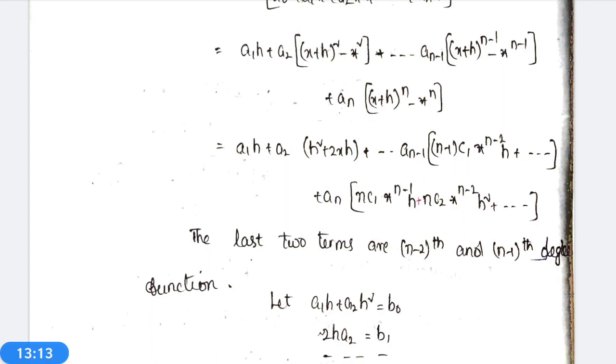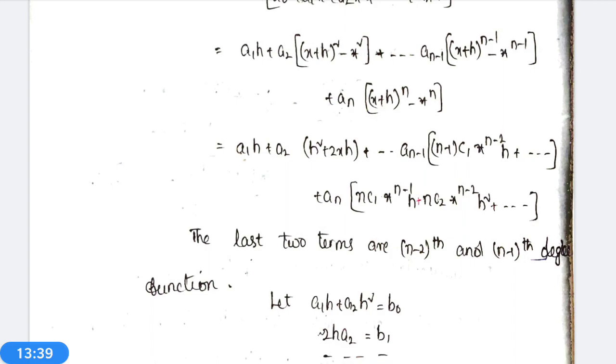Put a1h plus a2h square is equal to b0, 2h a2 is equal to b1, etc., n an h is equal to bn minus 1.